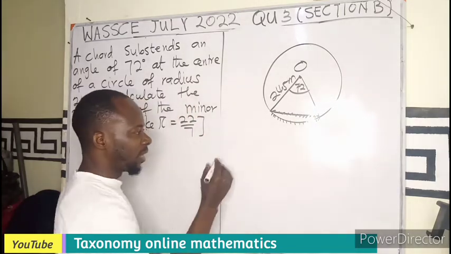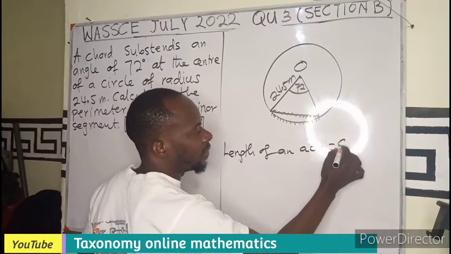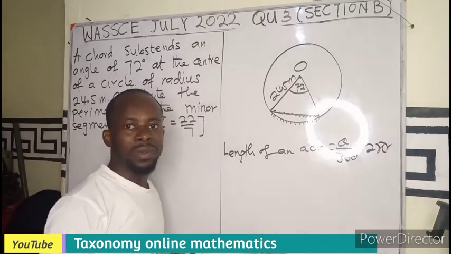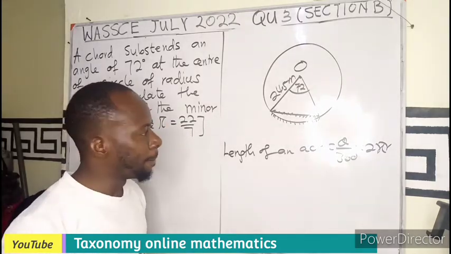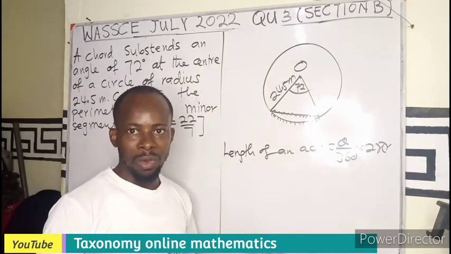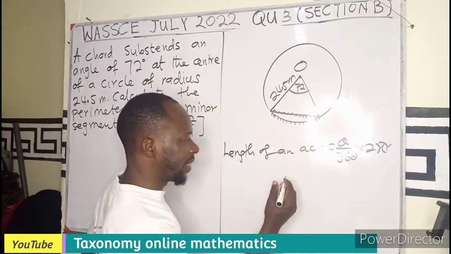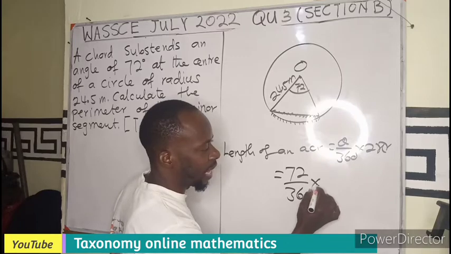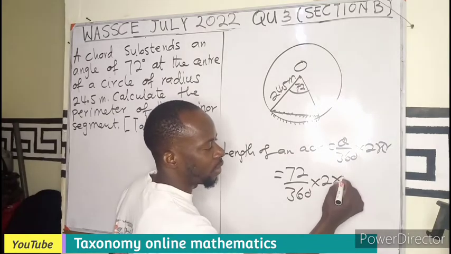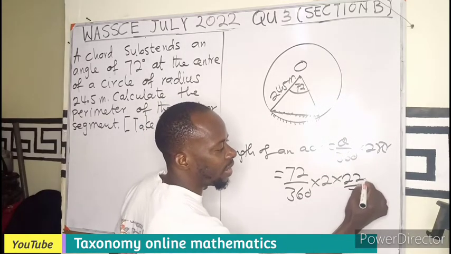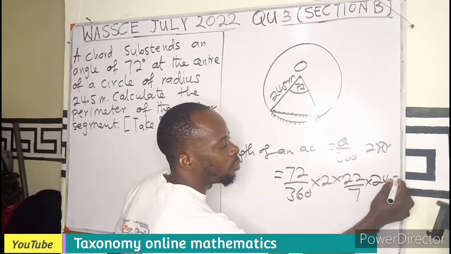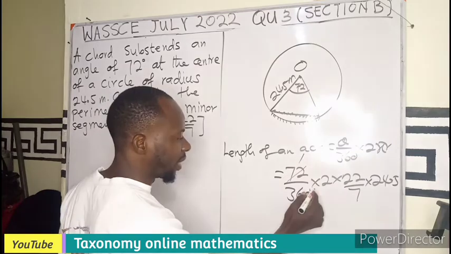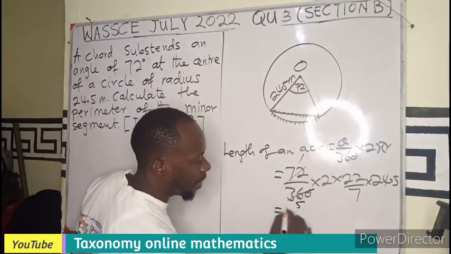We know that the length of an arc is theta over 360 times 2 pi r, because the length is on the circumference. In this case, our theta is 72, over 360, times 2 times 22 over 7 times 24.5. With this, we know this will go here 1, this will go here 5.